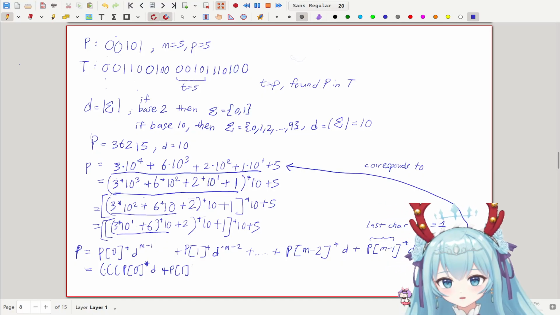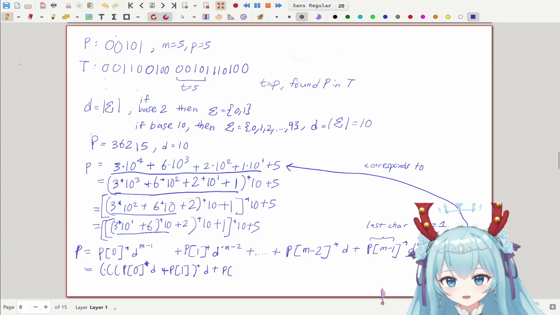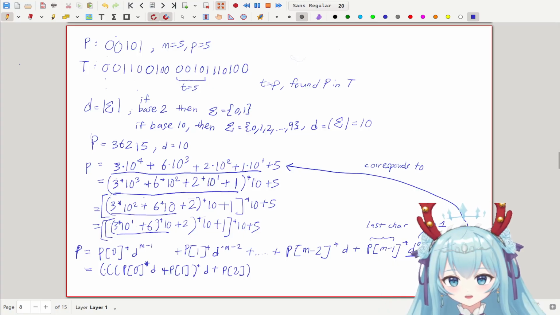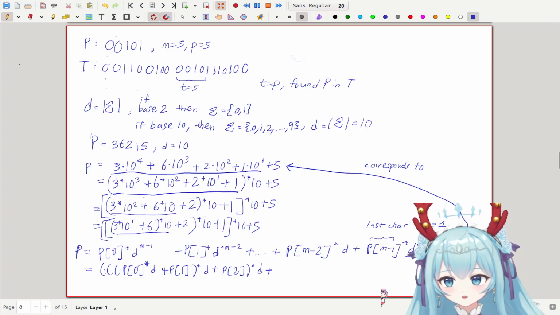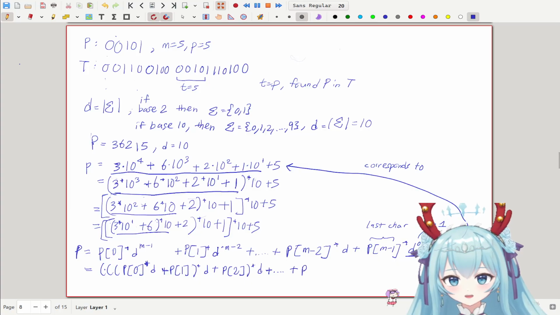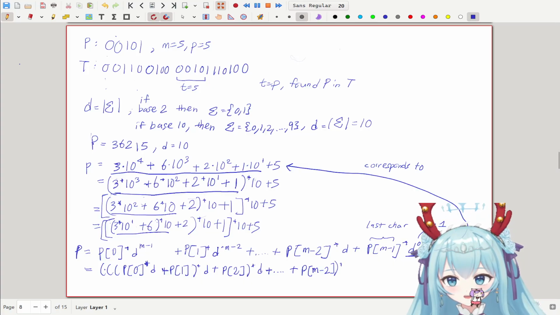1, C over 2 times D plus dot dot dot plus P M over 2, P minus 1.